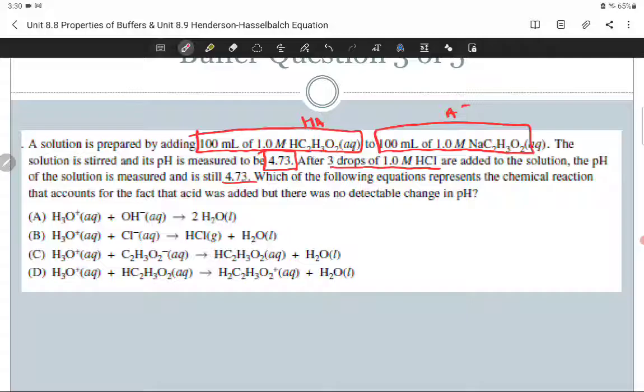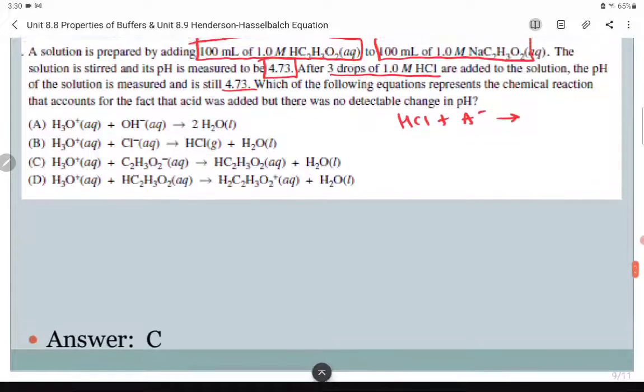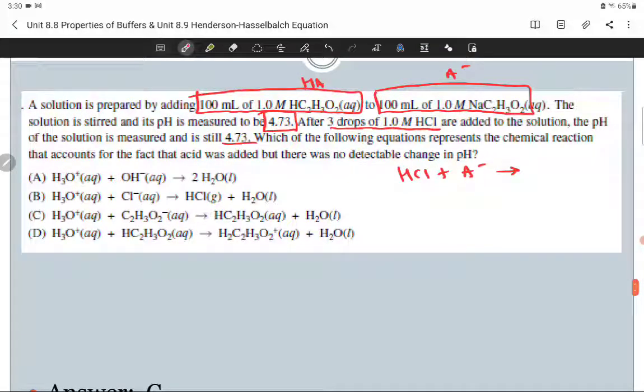And actually why? The hydrochloric acid reacts with the base component. So which of those answers matches up with that? Of course, we already have an answer like we always do. HCl is H positive, or in this case they have them all looking as H3O positive.